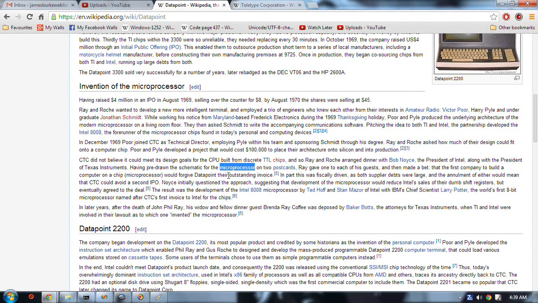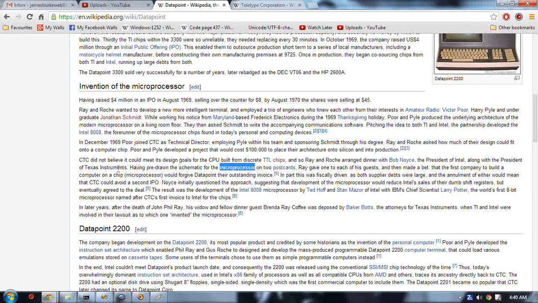The idea of the microprocessor is a computer on a single chip, right? Which had never been done before. But they worked it out on the living room floor and just drew it out by hand on a couple of postcards and then made a bet.